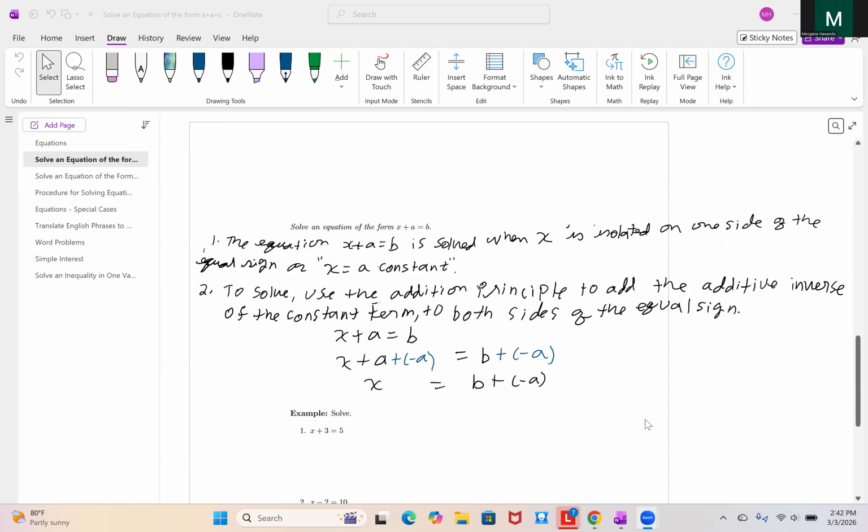So we have x plus a is equal to b. We add the additive inverse of the constant term that is added or subtracted to the variable x.